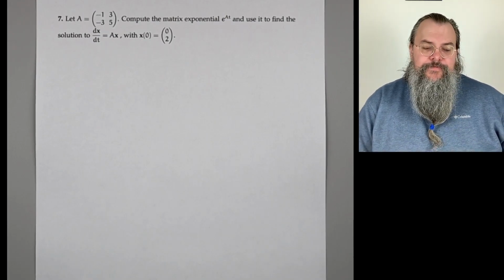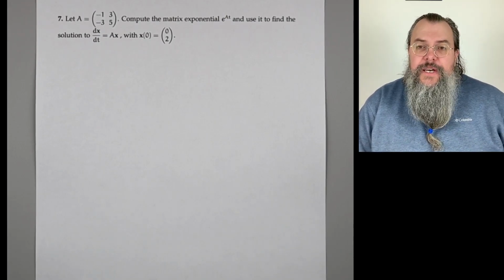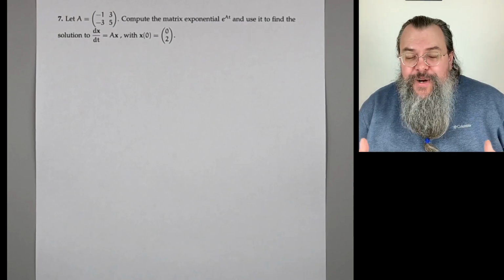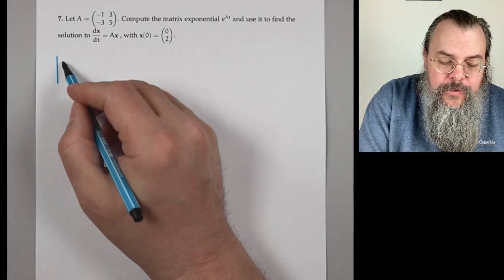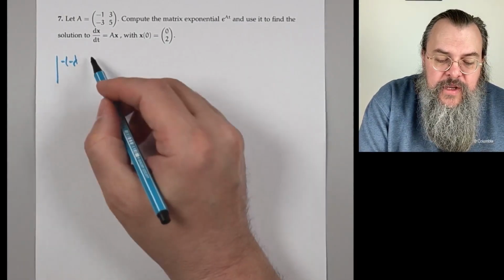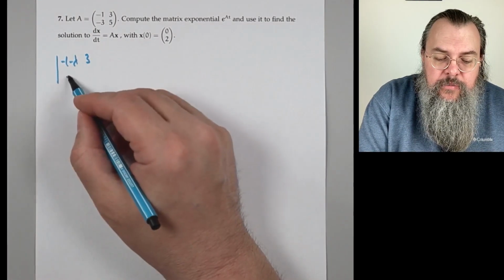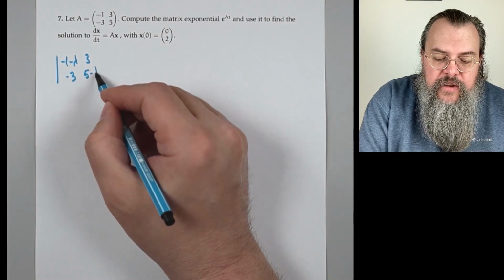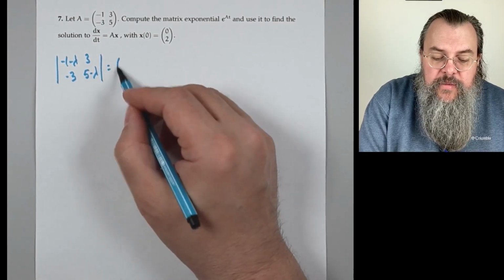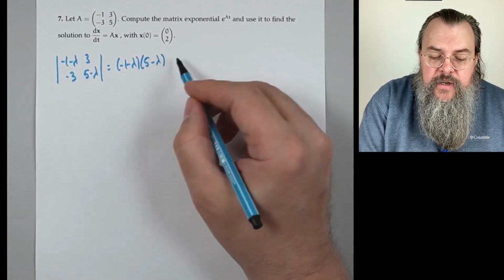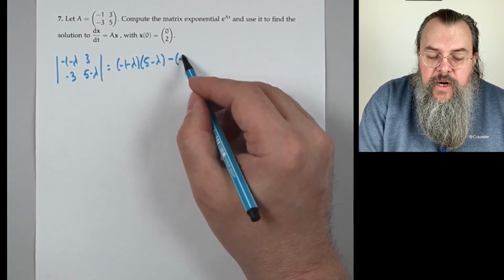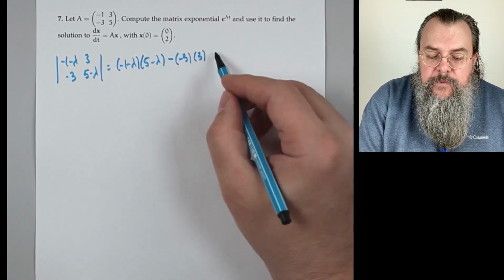All right. Now, we begin, as we do with every matrix problem, what are the eigenvalues? All right, so we do minus 1 minus lambda, and 3, minus 3, 5 minus lambda, and that would become minus 1 minus lambda times 5 minus lambda, subtract minus 3 times 3.